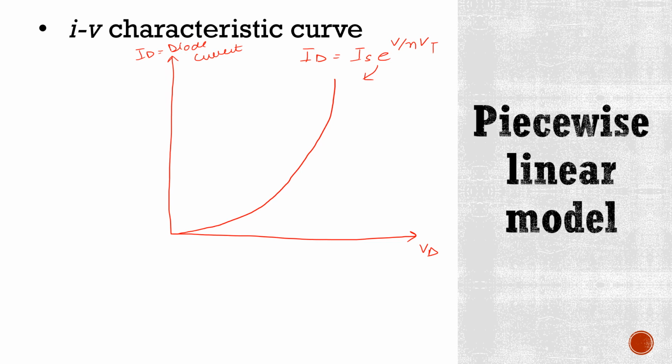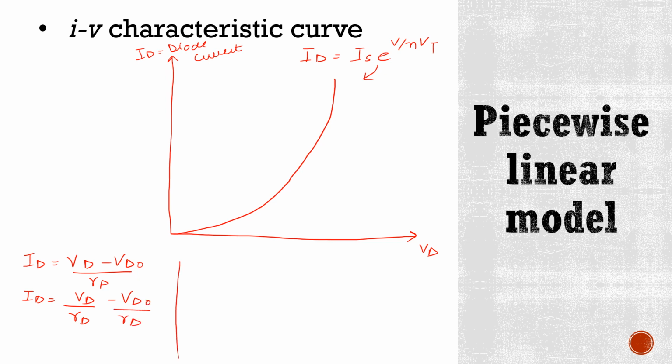Now the second diode current equation is Id is equal to (Vd minus Vd naught) divided by Rd. If we break this equation, it will become Id is equal to Vd divided by Rd minus Vd naught divided by Rd.